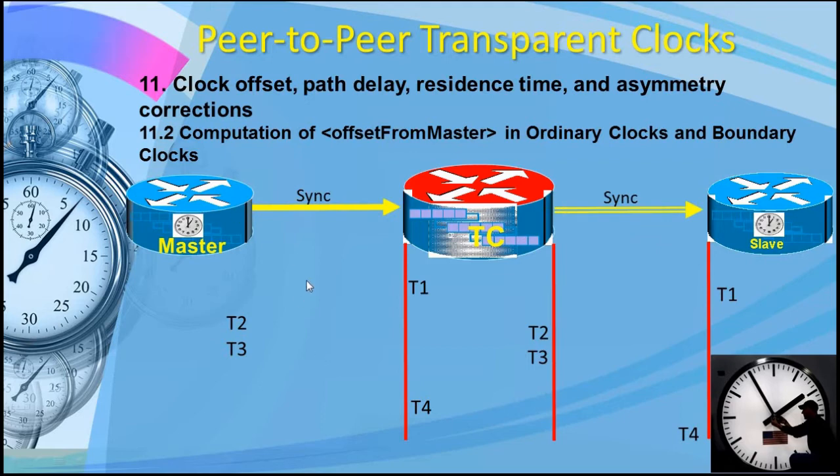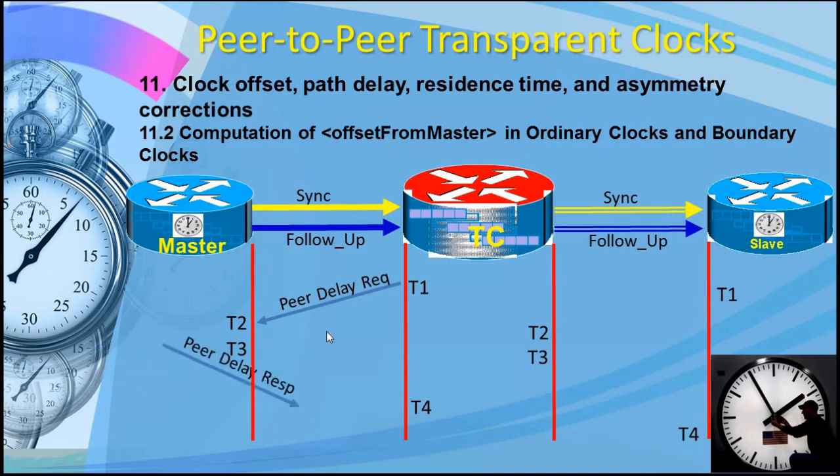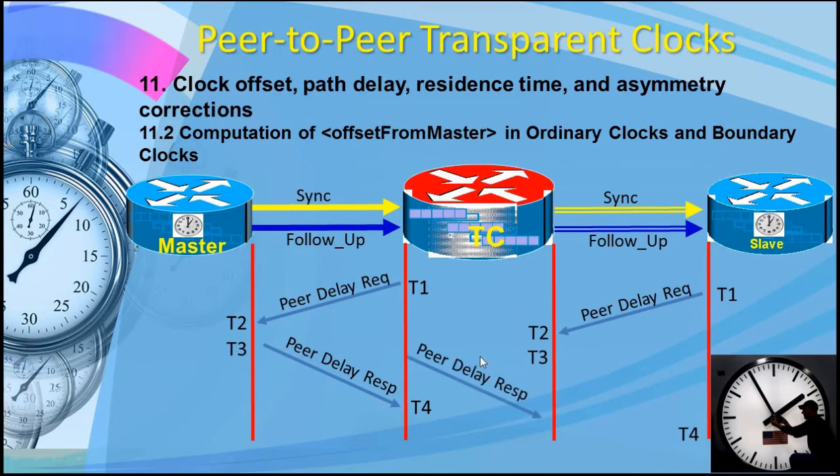So this is the whole procedure. The sync message is sent out from the master going through the transparent clock to the slave, and the follow-up message is sent out from the master, which the transparent clock received on the slave side. The peer delay calculation between master and TC, and the peer delay calculation based on timestamps, are finished by the slave side.